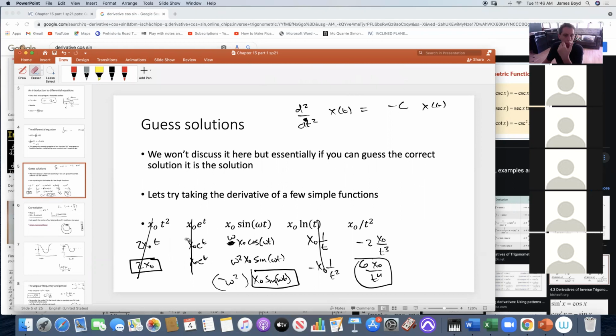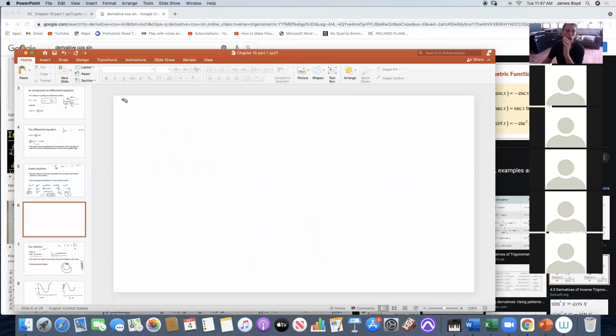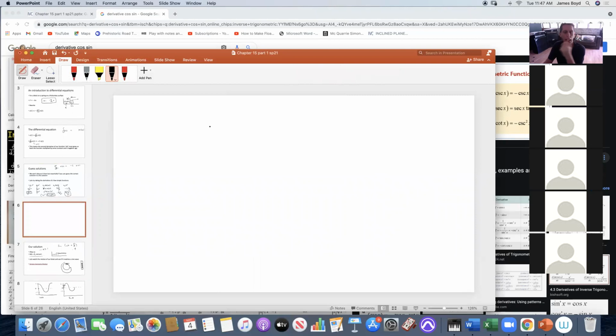But the problem here is actually the way your book does this. I don't like the way they just choose sine. You'll see next week, but really what you should do for this differential equation is say it's cosine of omega t and sine of omega t, x naught and x naught.